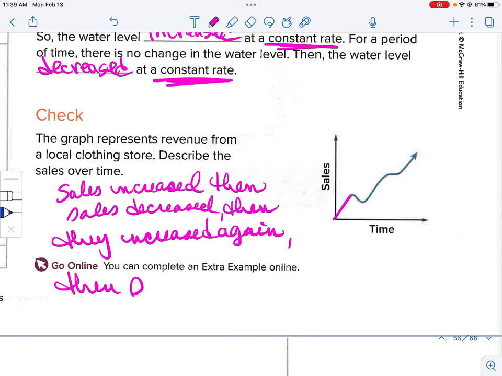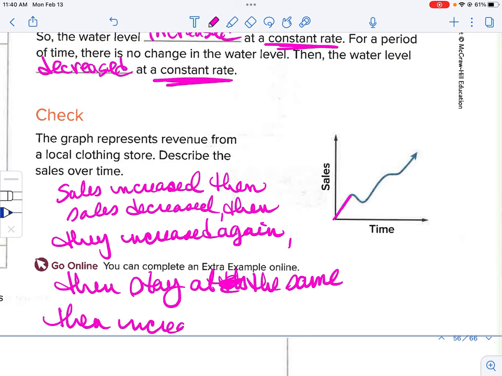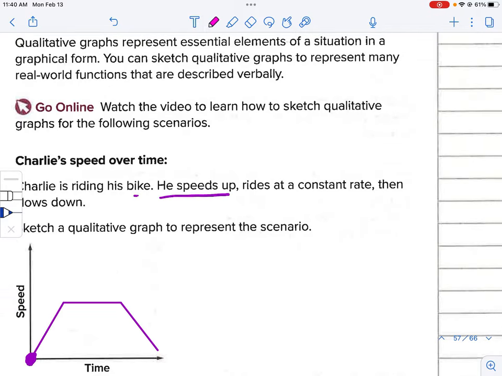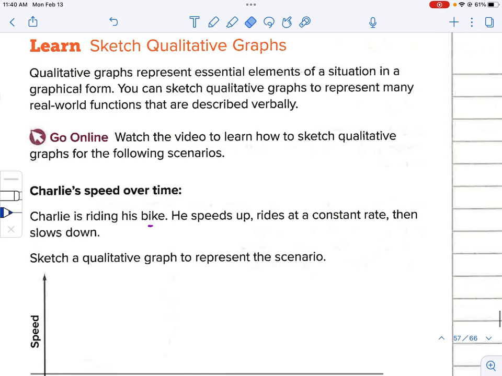Then stayed at the same, then increased again. Okay, something like that. So let's look over here. It helps if I didn't have the answers here already. Sorry about that.